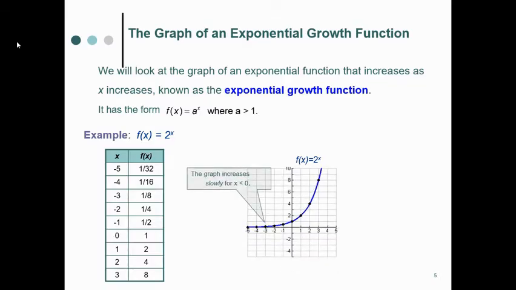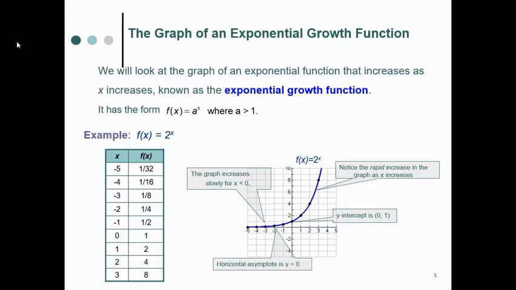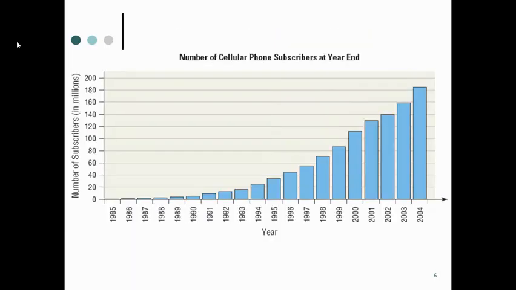So the graph increases slowly for x less than 0. Notice the rapid increase in the graph as x increases, and you are on the right side of the y-axis. The y-intercept is (0, 1), and your horizontal asymptote is y equals 0.